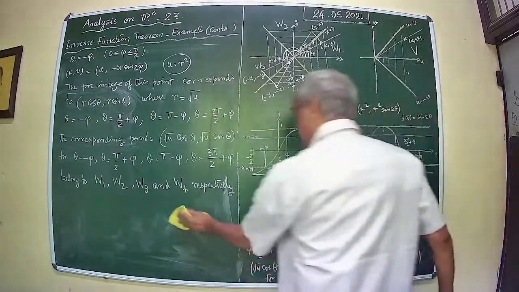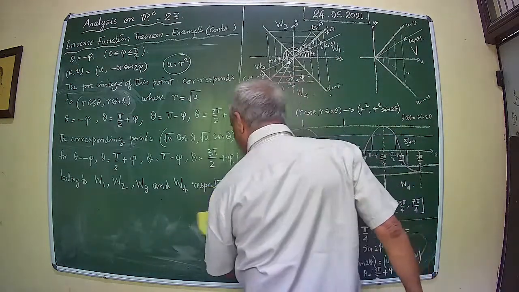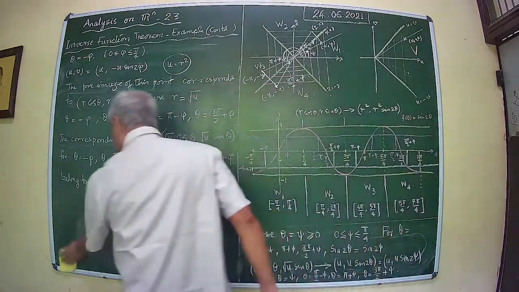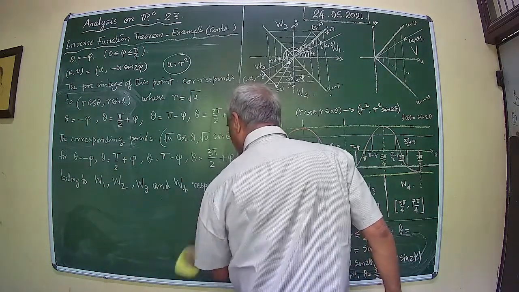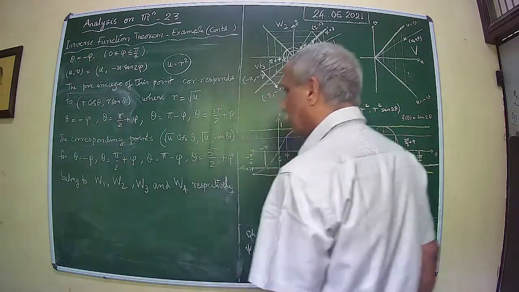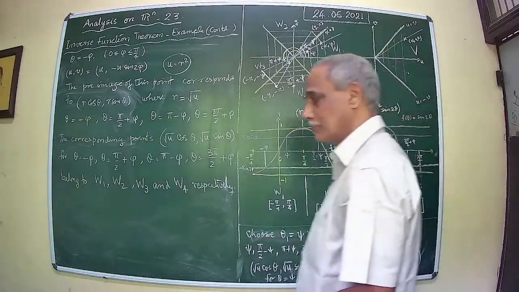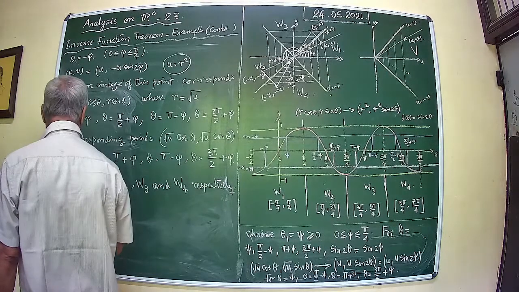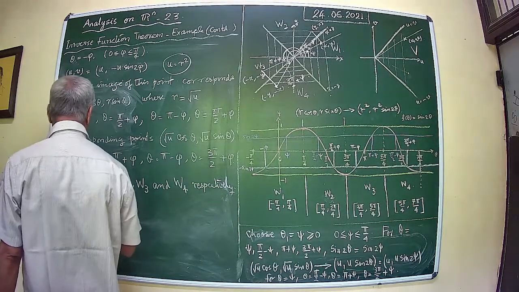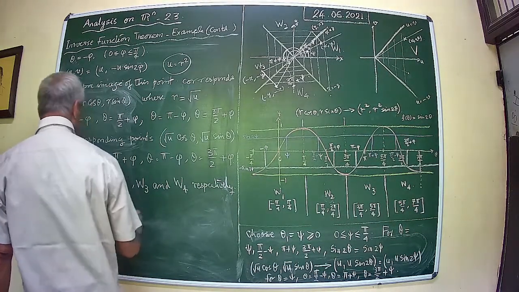So that's how you get this, and it's quite easy to, I have shown last time how to prove that these maps are one-to-one. Therefore, what do you get? So your U is now chosen as interior of W1.